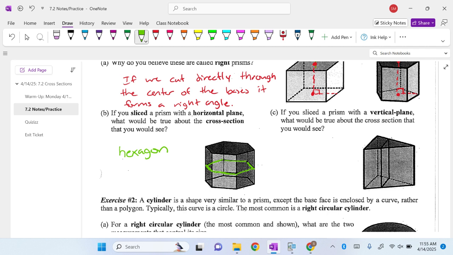Now, a triangular prism is right here. If I cut it with a vertical plane, all right, so like this. So I went just right through it, just like that. What happens to it? It becomes a rectangle if you look at it dead on.